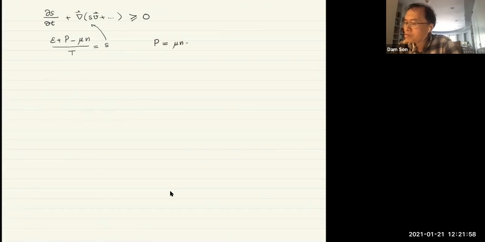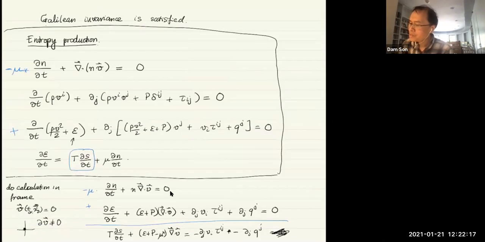It's part of the constitutive relation, but it has to be a thermodynamic function, that is mu n plus sT minus epsilon, the energy density. In other words, it is pressure. It cannot be anything else than pressure. So this P that we have introduced as just a notation in the equations is pressure. Now we know that it's pressure.